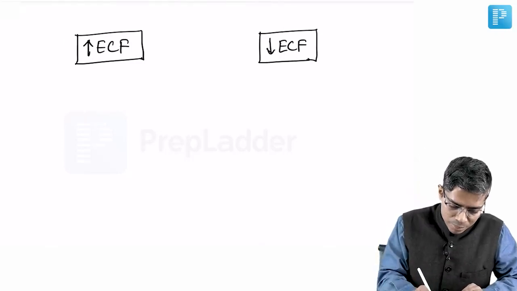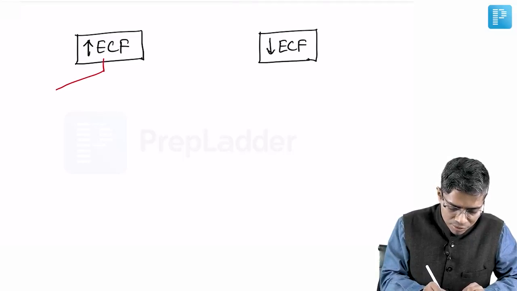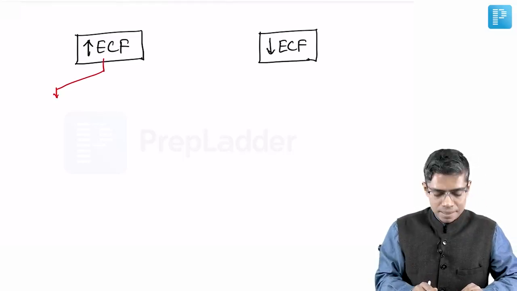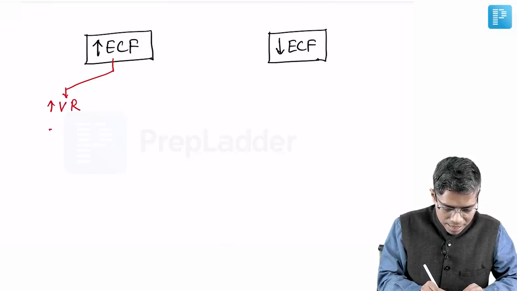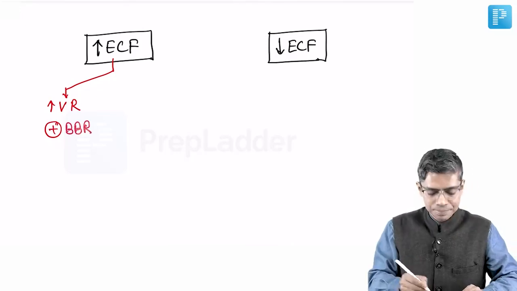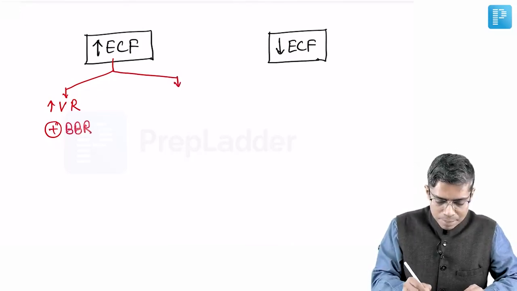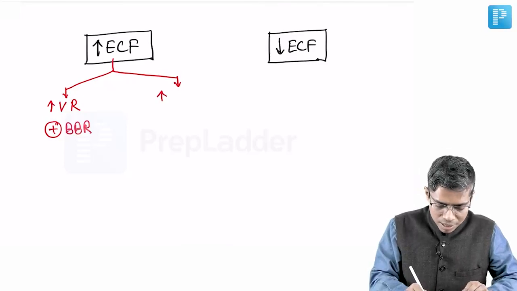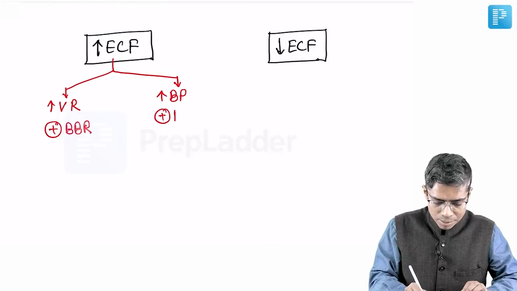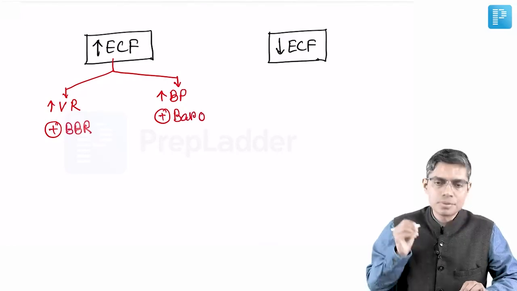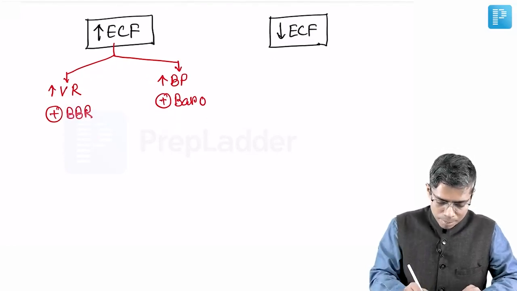Whenever your ECF volume is high, obviously your venous return will be high. Increased venous return means activation of the Bainbridge reflex is going to happen. Increased ECF also means there will be an increase in blood pressure, and increased blood pressure means activation of the baroreceptor.